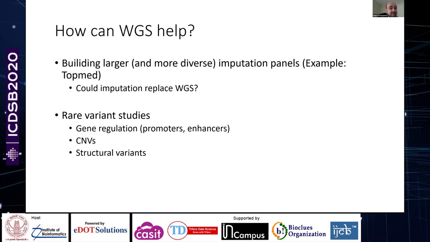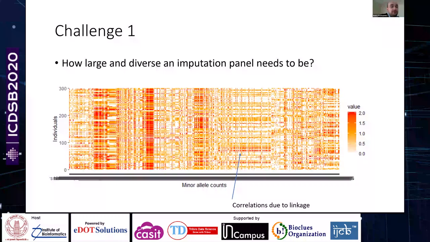And second, a very important part in whole genome sequencing studies is rare variant analysis. I will talk about this because whole genome sequencing can be important to study gene regulatory regions, CNV structural variants, and other non-coding variants of unknown significance. So I will focus on three challenges. The first one is related to imputation.